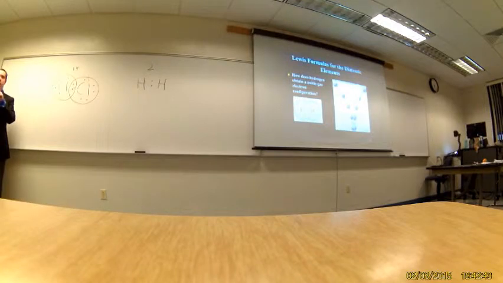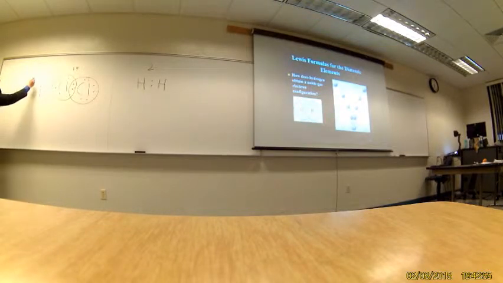Another way to see this happening is to draw them separately with their electrons first. So they each have 7, right? So if I go 1, 2, 3, 4, 5, 6, 7, 1, 2, 3, 4, 5, 6, 7, you can see that if you slide these together, that one's going to pair with that one to make a pair, right? Can you see that visually?